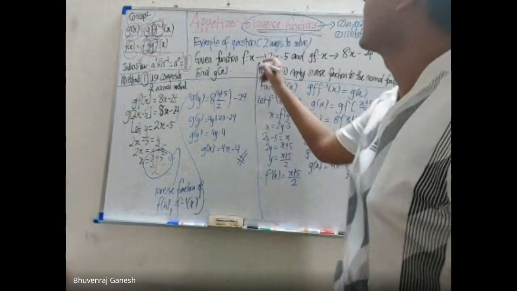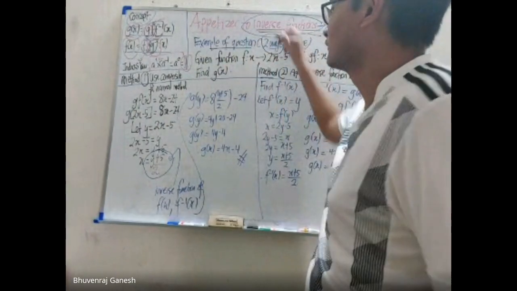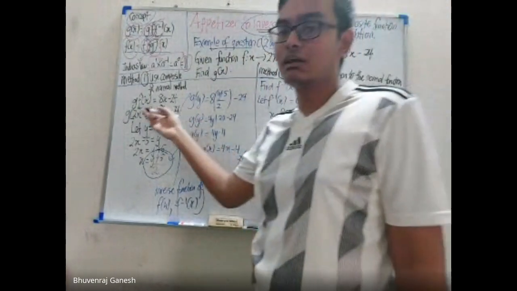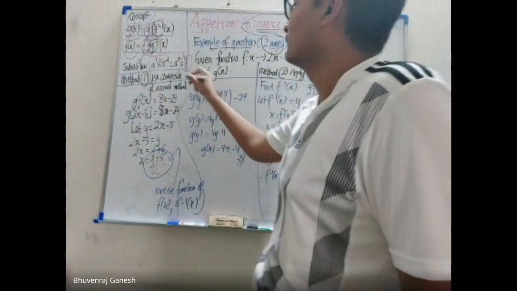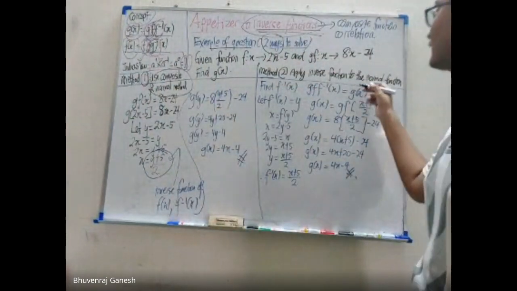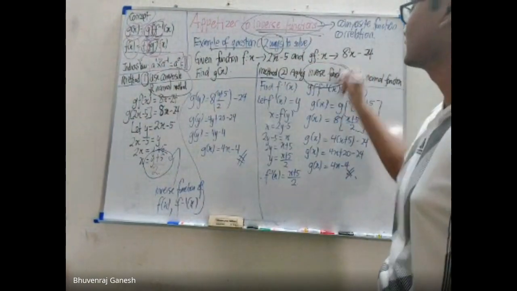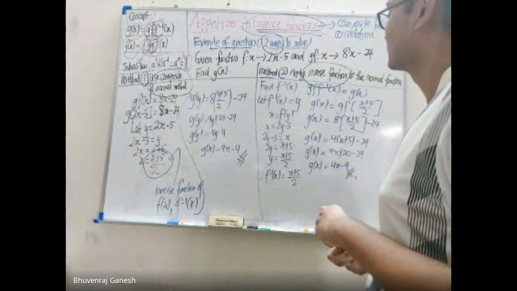So this is an example of a question I put. I'm going to show you two ways to solve. One way is the typical way we learned in our last video, using the composite function normal method. And now what we're going to do is something related to our lesson today, which is the steps to do an inverse function.